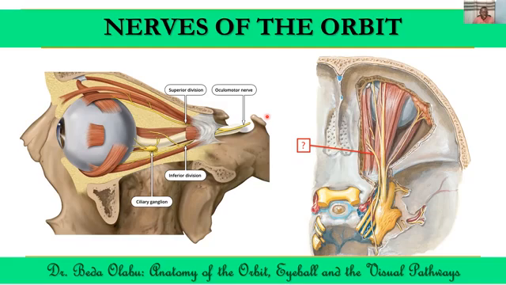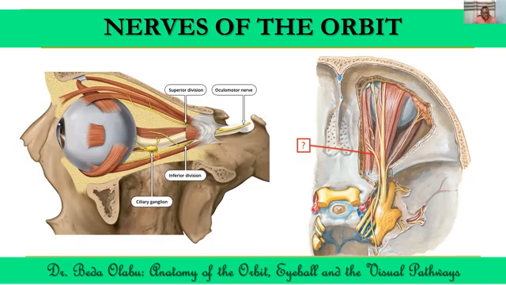These preganglionic parasympathetic fibers will synapse in the ciliary ganglion. Then the postganglionics reach the eye. So remember that function is a general visceral efferent function. So the oculomotor has 2 major functions, GSE to the extraocular musculature and GVE to the smooth musculature within the eye.